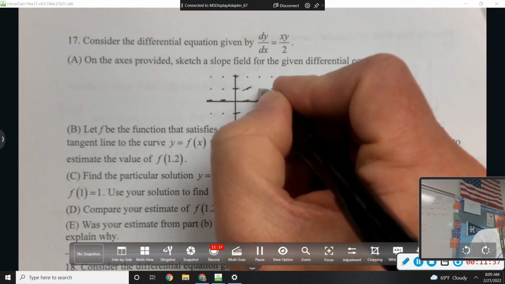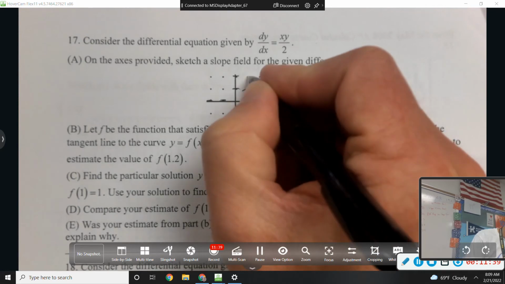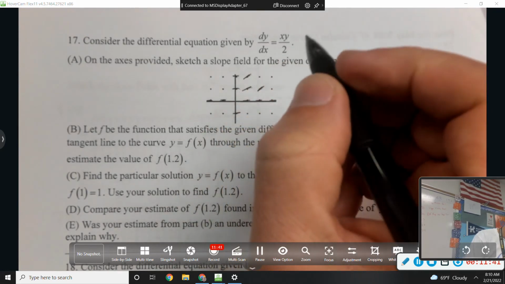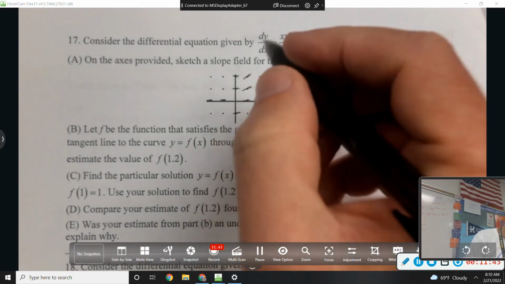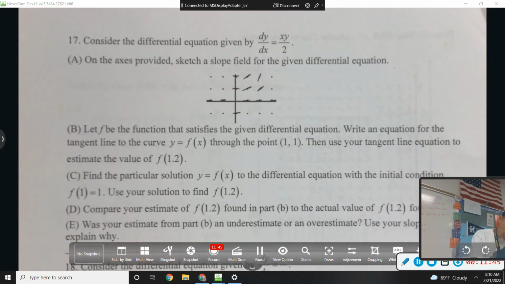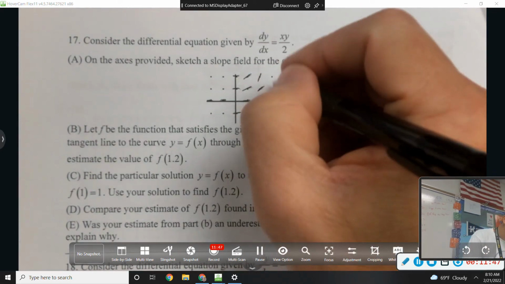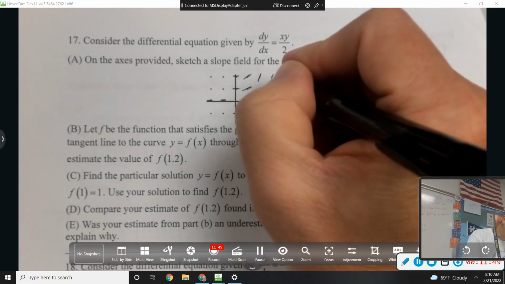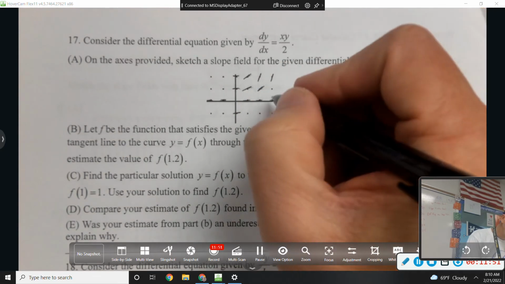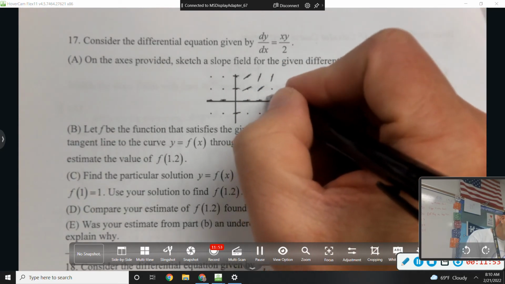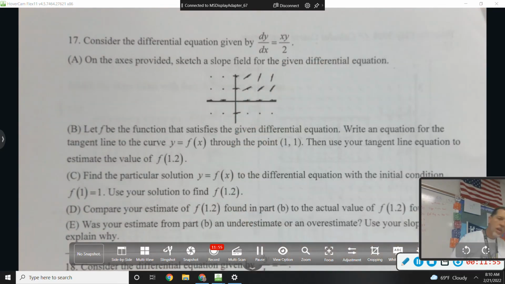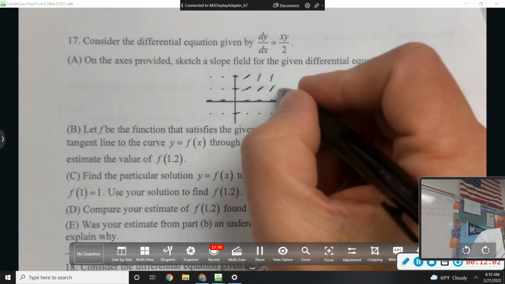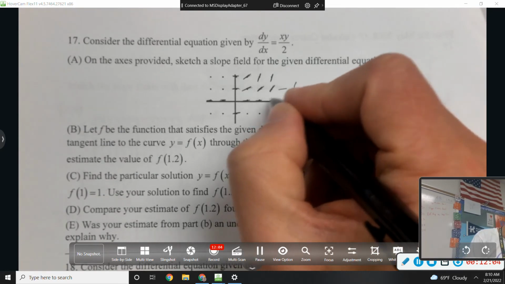2, 1 would end up being a slope of 1. 2, 2 would end up being a slope of 2. 3, 2 would be a slope of 3. Again, if you need to, write some out.